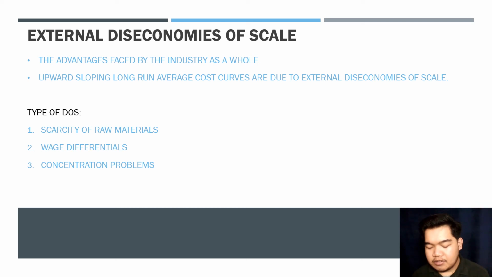Wage differential occurs within an industry where one firm pays a higher wage than another firm to overcome limited resources, or labor. The cost of production for both firms will increase because the firm which pays a lower wage will need to increase its wage rate in order to retain the staff.